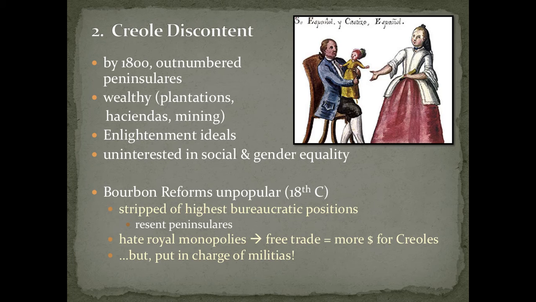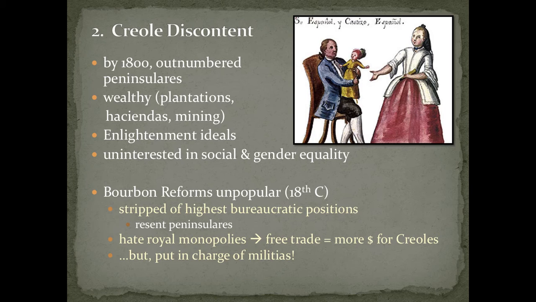They are also going to despise increased royal monopolies on certain products considered essential for the success of the colony, things like tobacco and gunpowder. Considering that a lot of Creoles have their own plantations and haciendas and mine operations, they would rather have free trade, because that would mean more money for them.